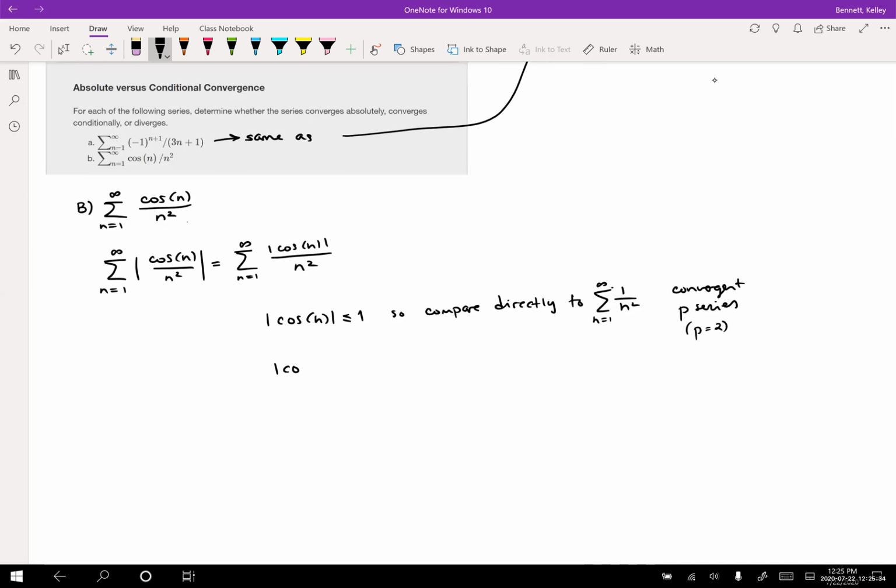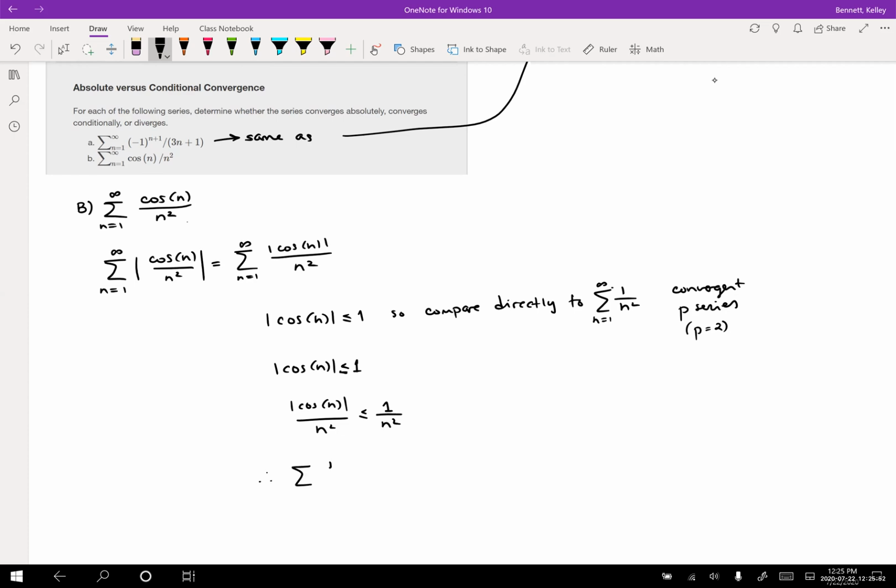So since the absolute value of cosine of n is less than or equal to 1, from here I can say the absolute value of cosine of n over n squared is less than or equal to 1 over n squared.